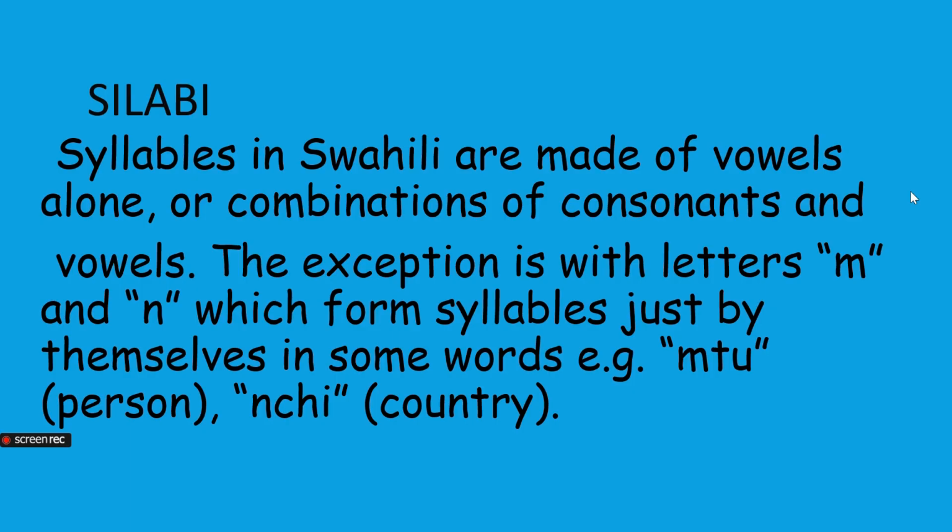So basically, letters M and N can form syllables on their own. They don't need to be combined with anything else. The letters M and N and all the vowels can stand alone to form syllables. However, all the other consonants must be combined with vowels to form syllables.